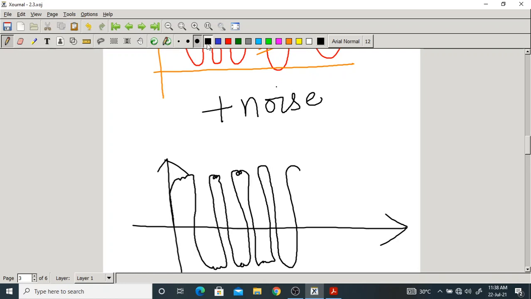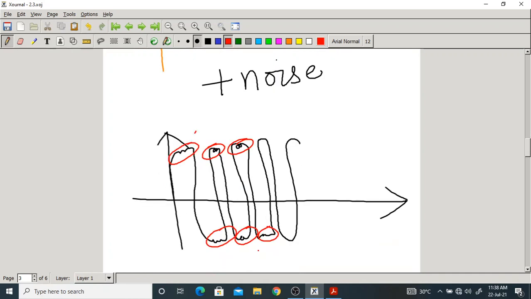It can be something like this. Those fluctuations or variations in the amplitude can be removed by using a limiter. So using a limiter, we will remove the amplitude variations in the FM signal.